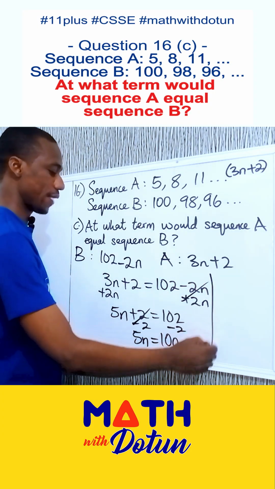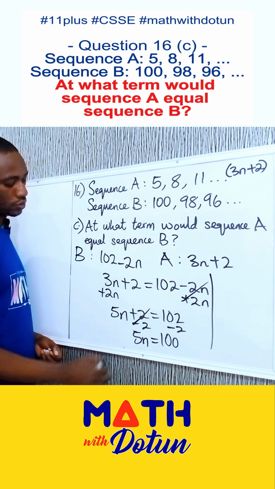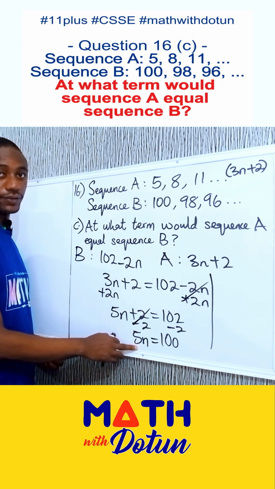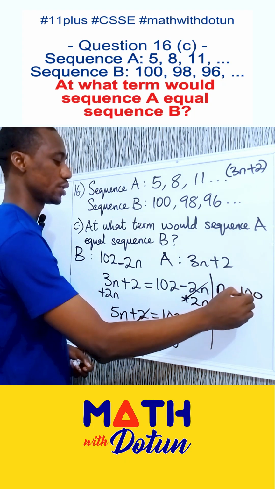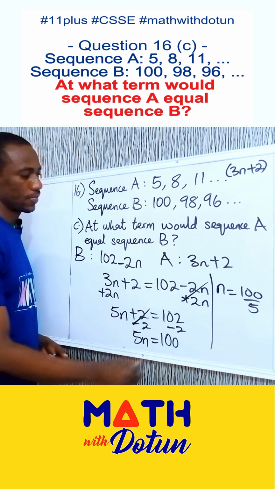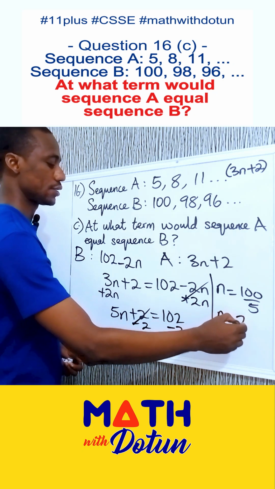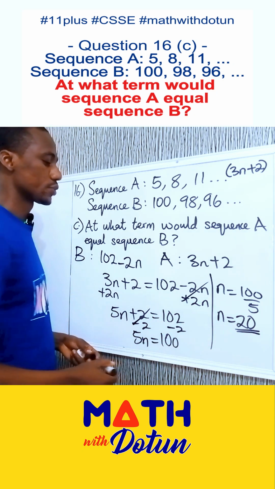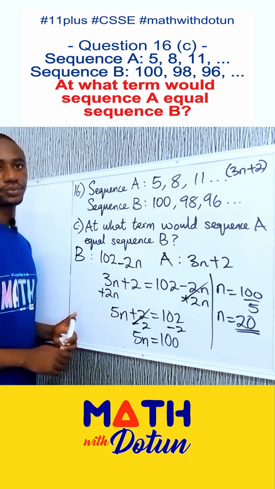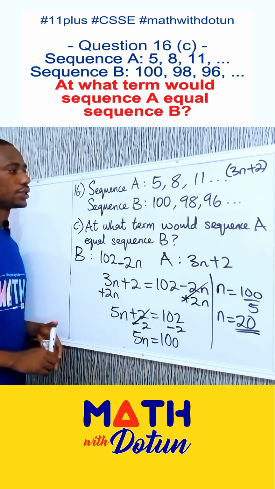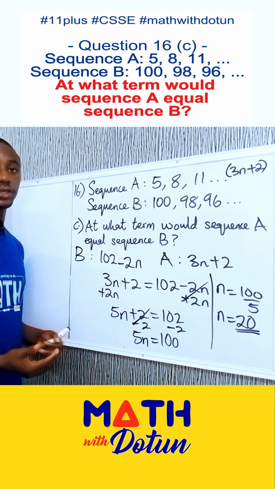And then to find the value of n, we have to divide both sides by 5, right? So n is 100 divided by 5, and n is 20. So it will be at the 20th term that the values will be equal.